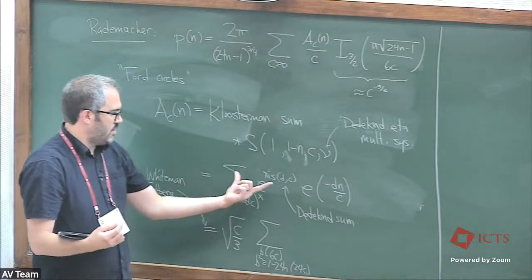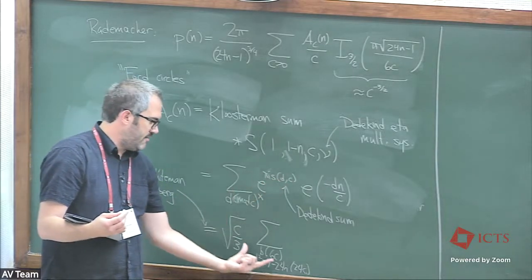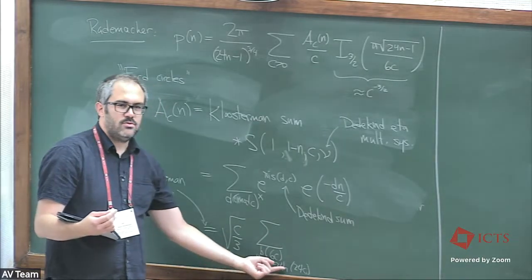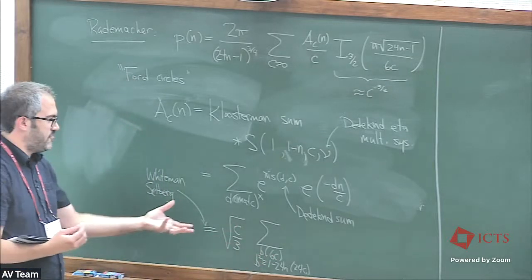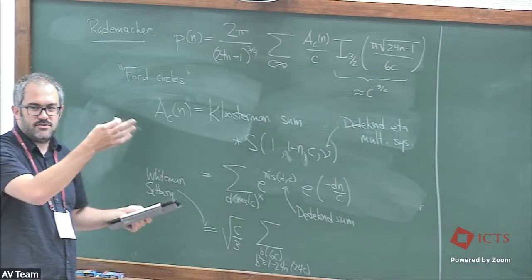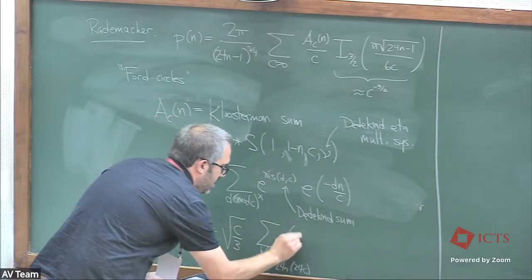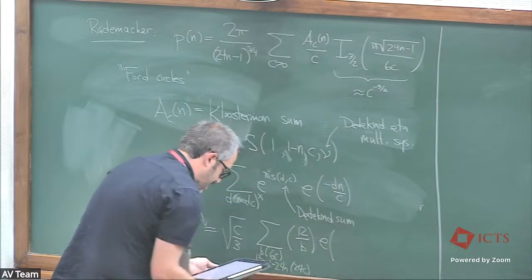It was relating a Kloosterman sum associated to the plus space to some kind of sum with a square. It was a b squared is congruent to some discriminant, okay? This is essentially that formula. It's just for a different multiplier system. These are just two glimpses of sort of the same exact thing. So what goes in here? Well, just a character, 12 on b, and then an exponential term.